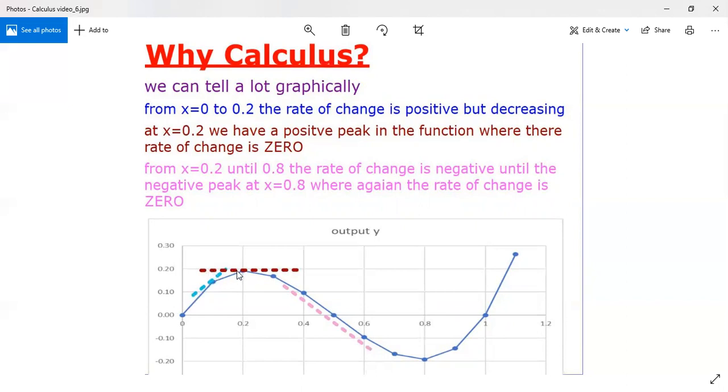We gradually reduce the rate of change till we get a peak here, and the rate of change is 0 at a peak. The definition of a peak is that at that instant there is no vertical change, so we have a rate of change of 0. When we go from a positive rate of change to a negative rate of change, there must be a positive peak. Between x equals 0.2 and 0.8, we have a negative rate of change, and it gradually slows down till we get a negative peak.